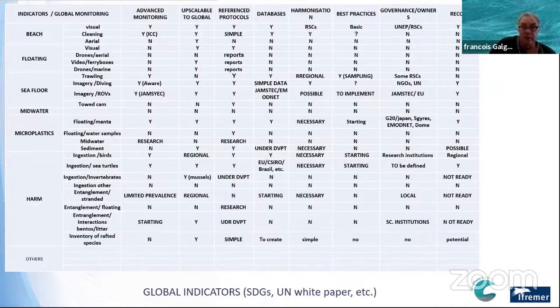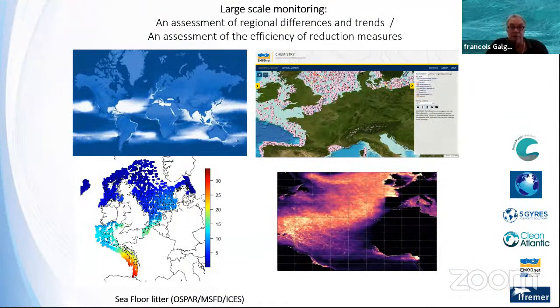There are already some initiatives. And so in terms of stage of monitoring, where we are, upscalability, the availability of protocols, existence of databases, harmonization, best practices, and how to manage all the processes, for instance, the different indicators are more or less advanced, and the next step would be to really select the most appropriate for global monitoring.